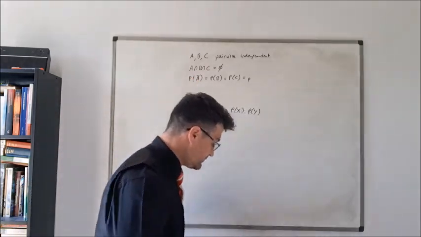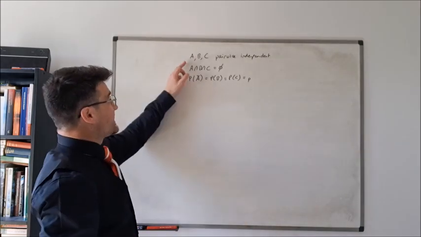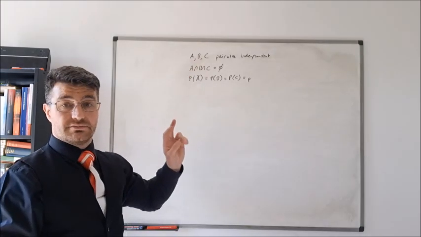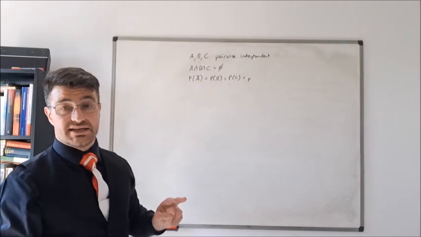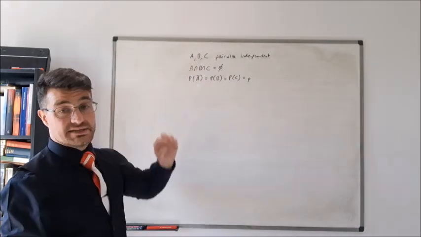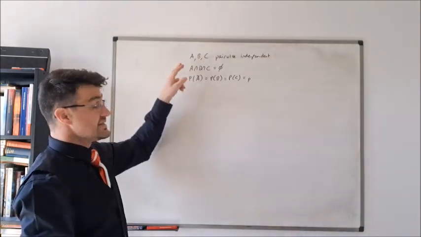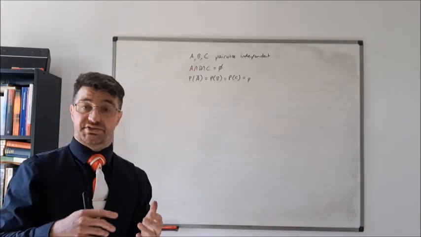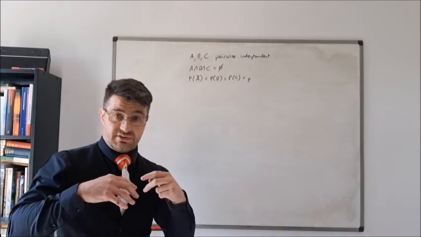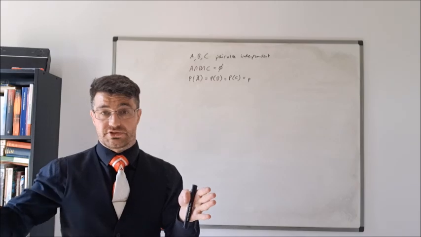Okay, so what does this mean then? It means that if we take the two events A and B, they are independent. The events A and C are independent. The events B and C are independent. What it does not imply is that A, B, and C are all statistically independent, because the notion of statistical independence can be extended from two events to more than two events.